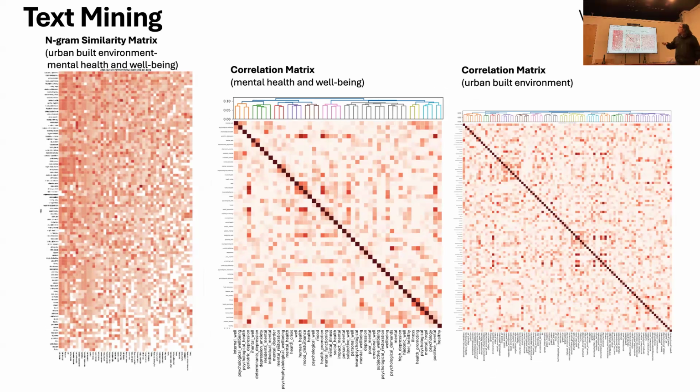Real quick, this column is the urban built environment, and this is mental well-being words. You can see the different colors. I see a color gradient going down across the diagonal. Does this mean that the upper left are words from the two categories that are very frequently used together? Yeah. And this is the correlation matrix for each category.